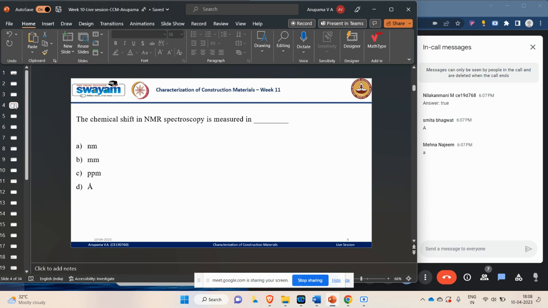The chemical shift in NMR spectroscopy is measured in dash. So, what is the unit of measurement of chemical shift in NMR spectroscopy? Is it in nanometer, millimeter, parts per million, or angstrom?